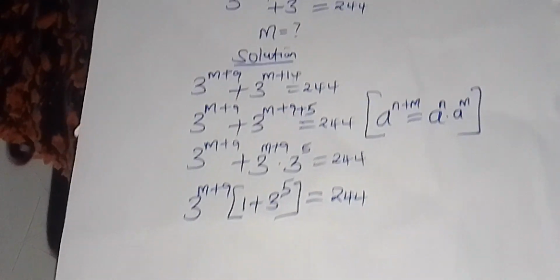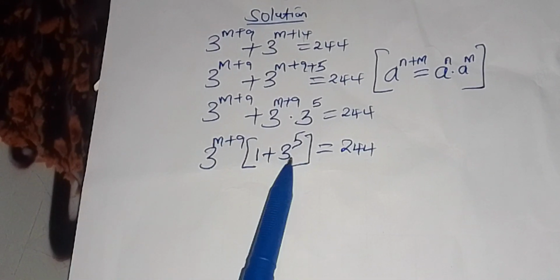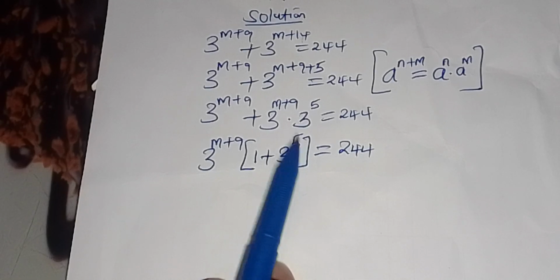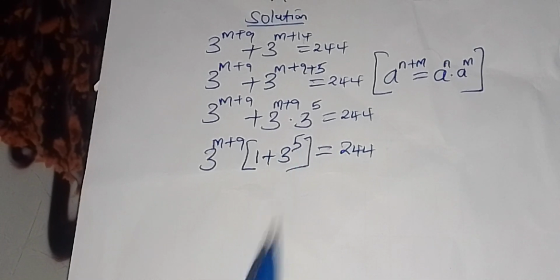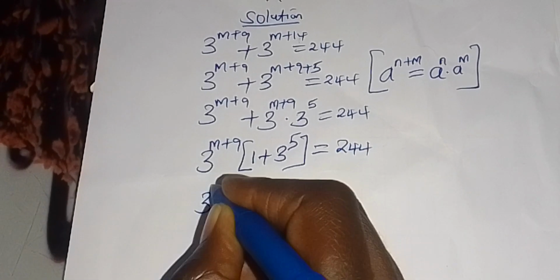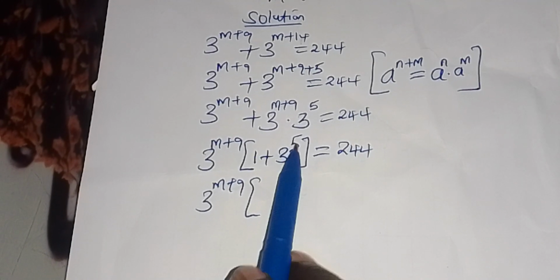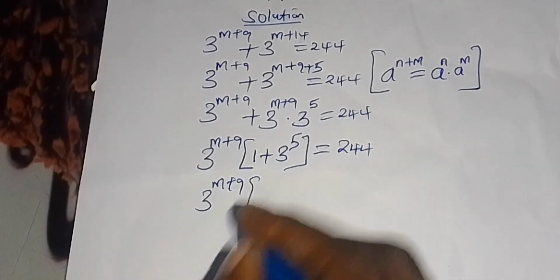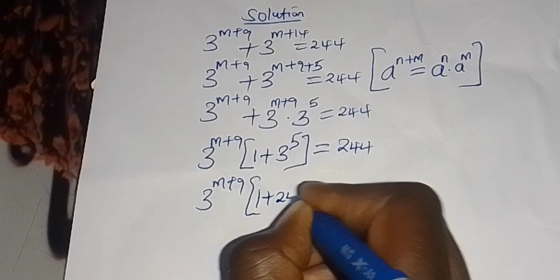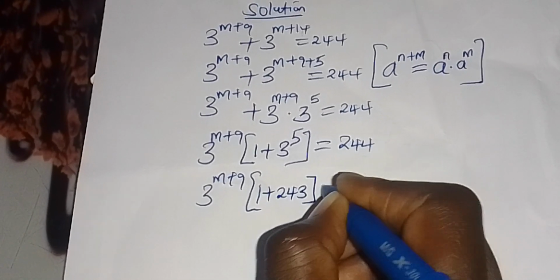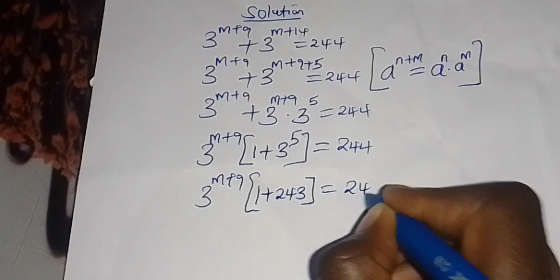Okay, now if you say 3 raised to power 5, you're going to have 3 raised to power m plus 9. If you say 3 raised to power 5, this is 243. So you'll have 1 plus 243. This is supposed to give us 244.